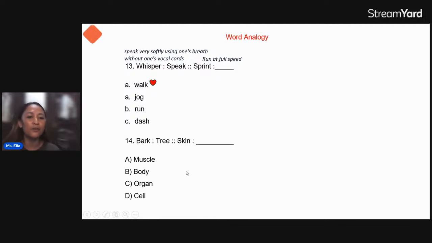All right. Number 14. We have here bark is to tree, skin is to blank. Is it A, muscle? Is it B, body? Is it C, organ? Or is it D, cell?